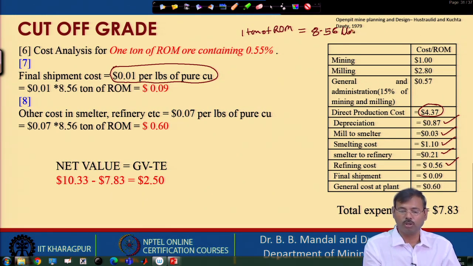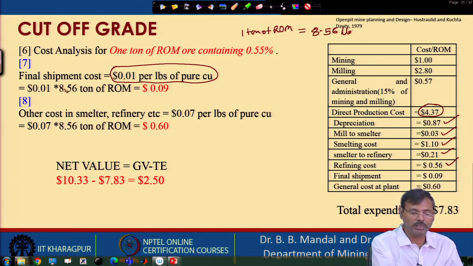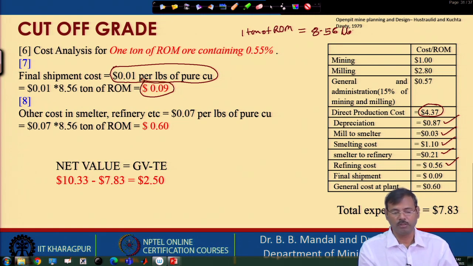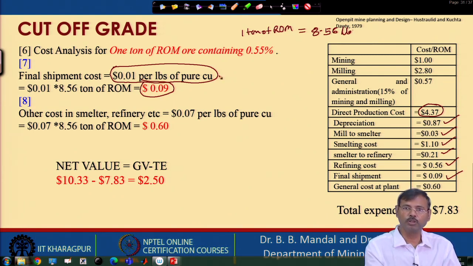So, the final transportation cost of that copper to the market is 8.56 into 0.01. It is closely coming $0.09. So, this $0.09 is the transportation cost of the pure copper from the refinery to the market.